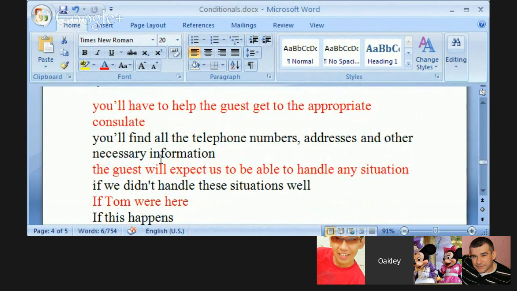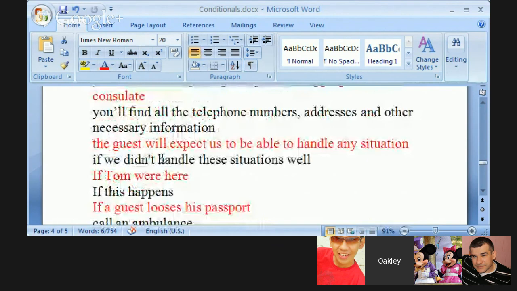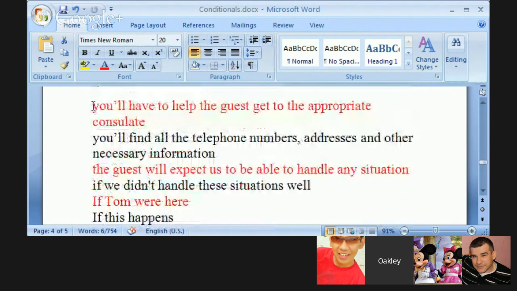So it's first conditional. You'll have to help the guest get to the appropriate consulate.